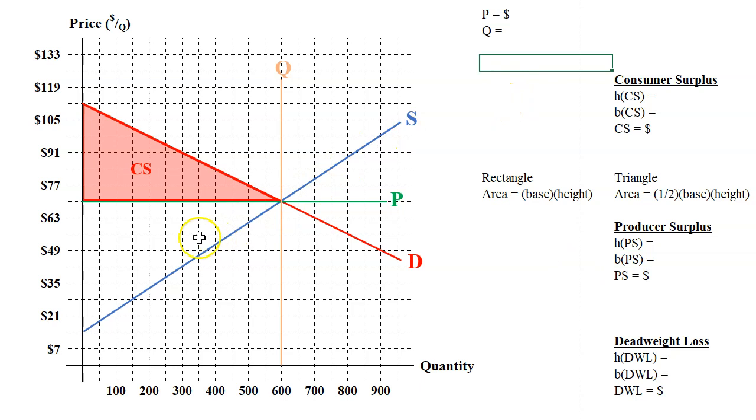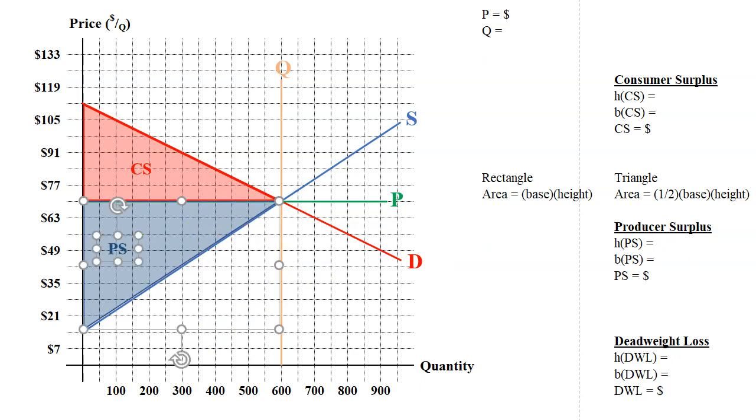Okay? The region down here that is below the price line but above the supply curve and bounded on the right side by the quantity, the vertical quantity line, this triangle right here represents producer surplus. Okay? So I'm going to bring over a triangle that represents producer surplus. Okay.